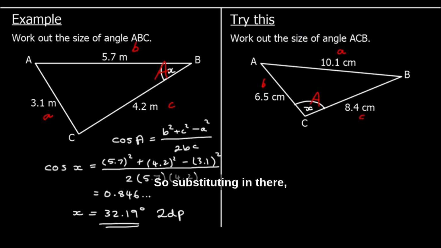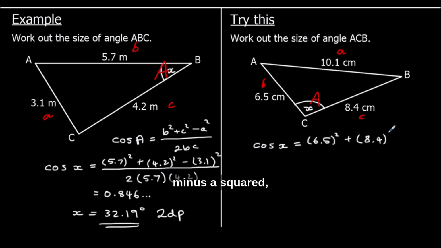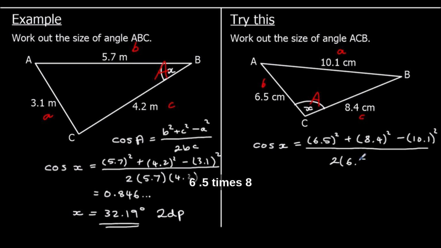So substituting in now, cos x equals B squared, so 6.5 squared, plus C squared, 8.4 squared, minus A squared, 10.1 squared, over 2BC, so 2 times 6.5 times 8.4. So let's type it into the calculator.